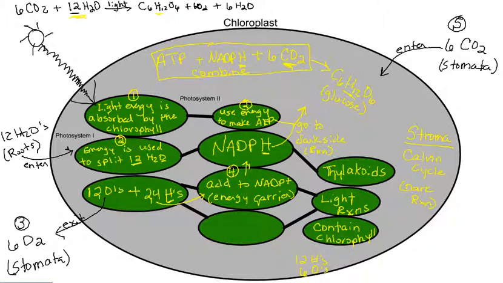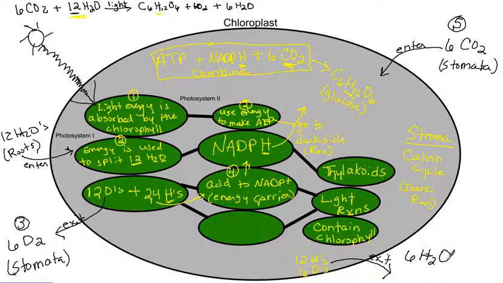Now, what in the world can we do with 12 hydrogens and 6 oxygens, you ask? Well, we can make them exit our plant in the form of 6 water molecules. 6 H2Os. 6 times 2 is 12, and then 6 times 1 is 6.